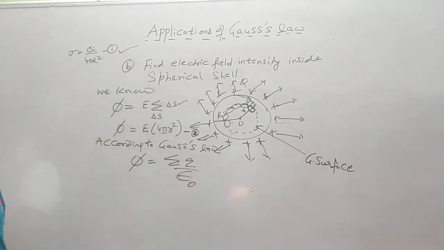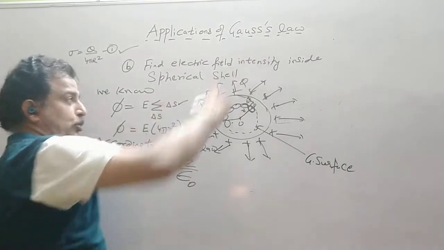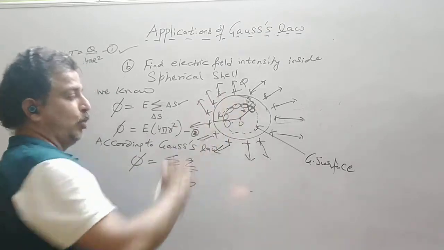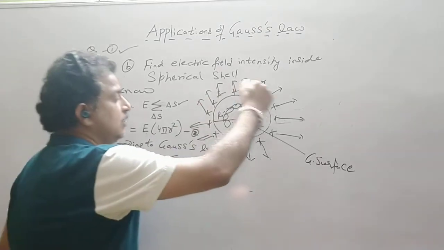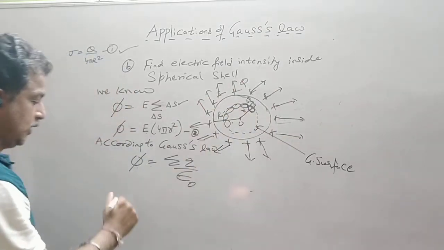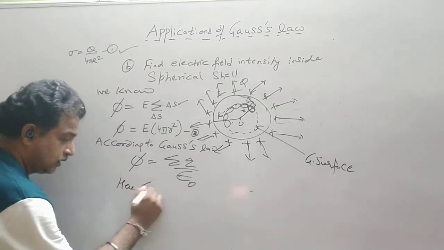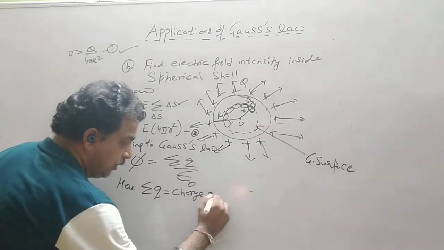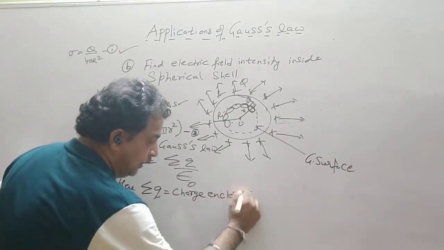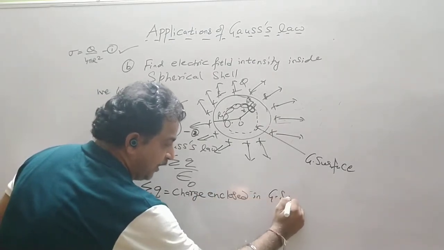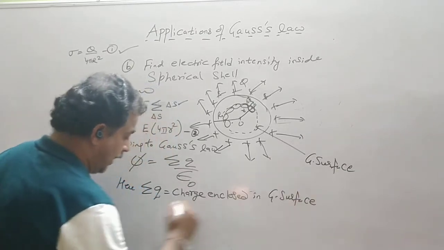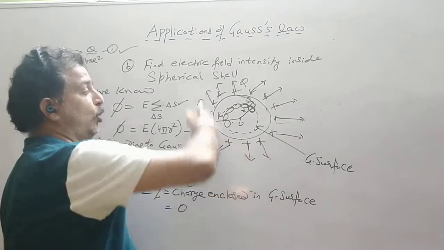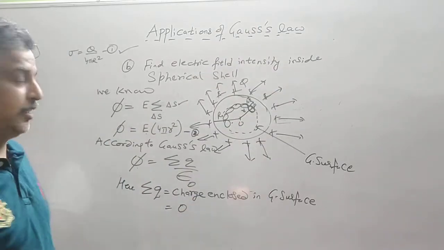But what is summation q? If you remember the Gauss law, we have to take only those charges which are enclosed in the Gaussian surface, and none of this charge is enclosed in the Gaussian surface. Here summation q is equal to charge enclosed in Gaussian surface and its value is 0 because all the charges are on the surface of the spherical shell.